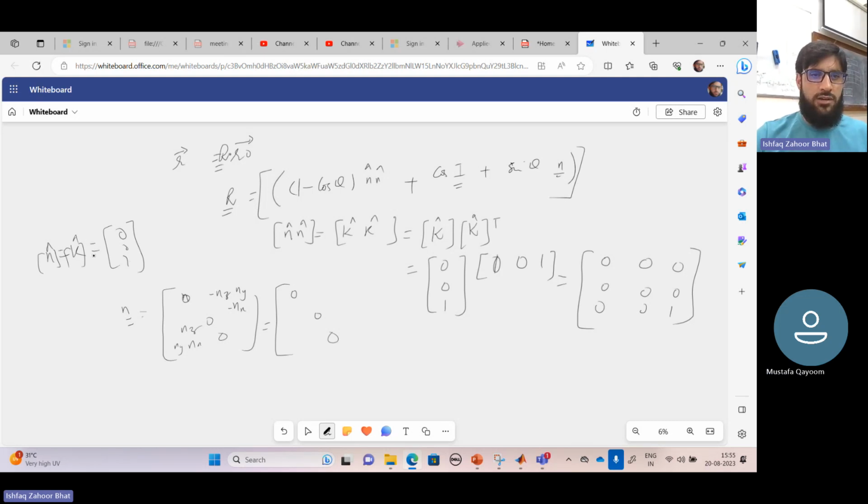So the x component of n is 0, the y component is also 0, and the z component is 1. So this is the skew symmetric matrix associated with k, or n. So we got this, this, and this.